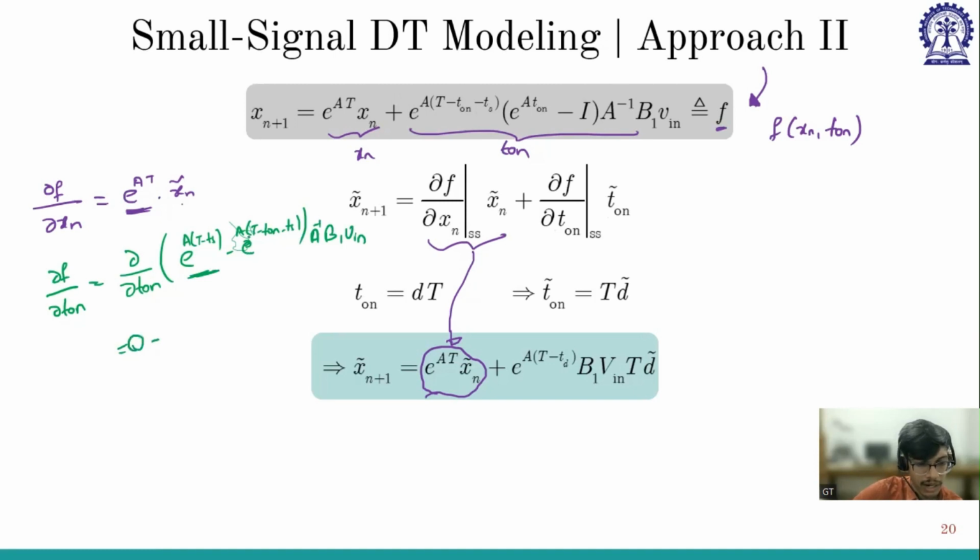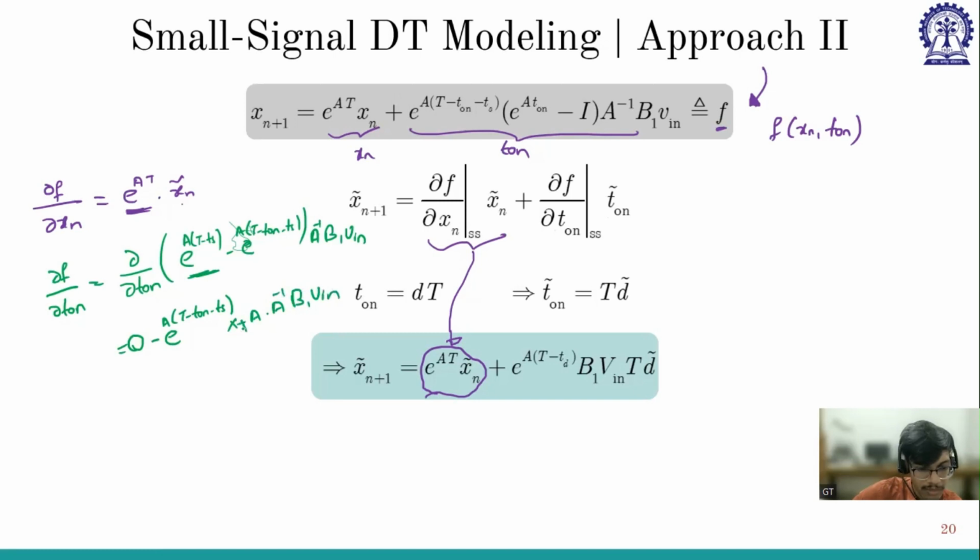Minus, we are differentiating e to the power of some Ax, so it will be e to the power A of T minus T on minus TS, into, again, we have to differentiate that Ax. The differentiation of A times T minus T on is minus A. So minus A into whatever is left.